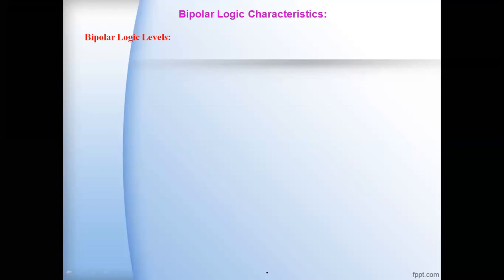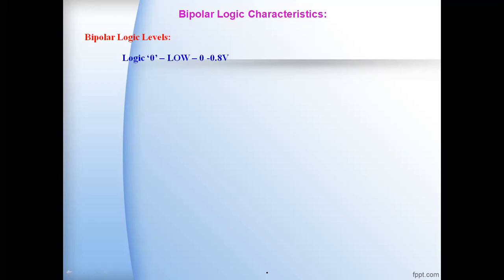Bipolar logic. In any logic family, there is a range of voltages used to represent logic 0, and another, non-overlapping voltage range used to represent logic 1. In this bipolar logic, for logic 0, or the logic low state, the range of voltages is 0 to 0.8 volts.